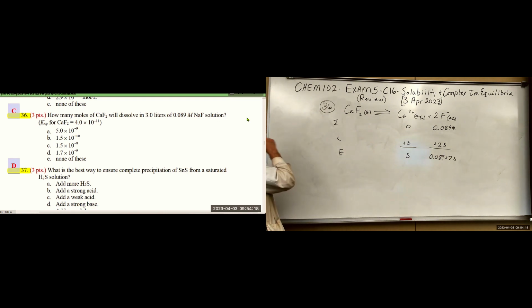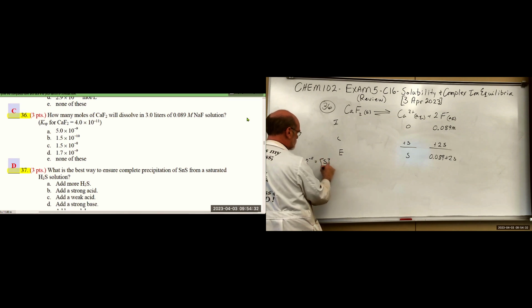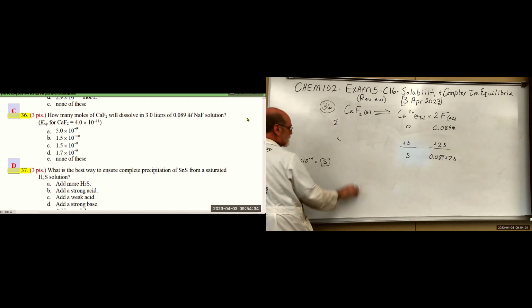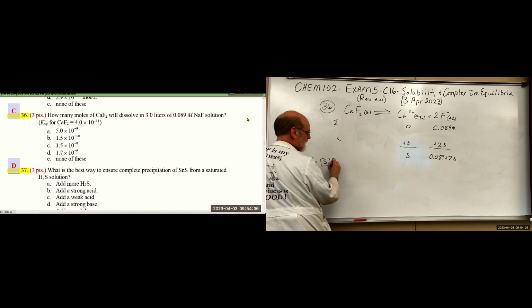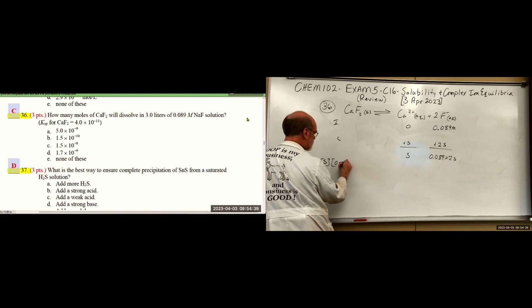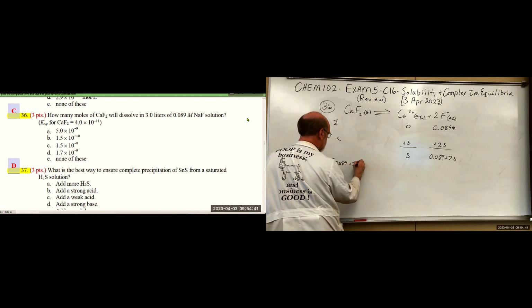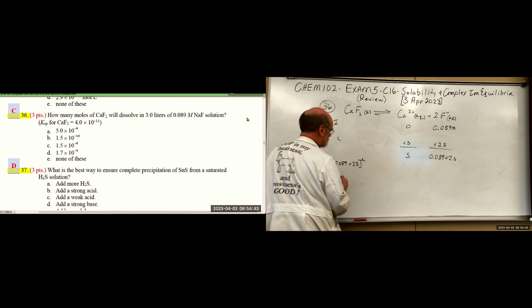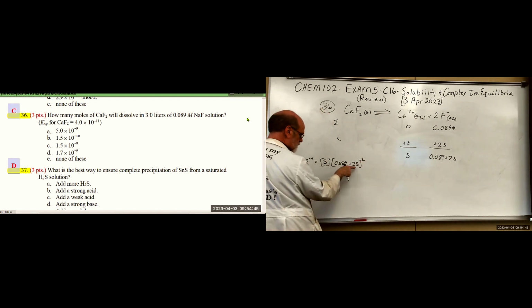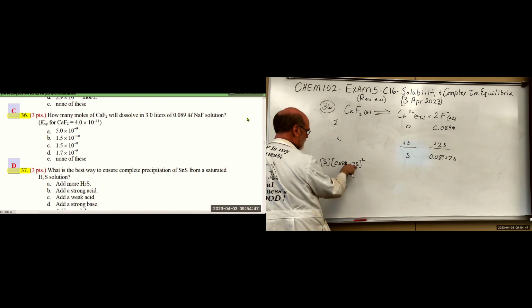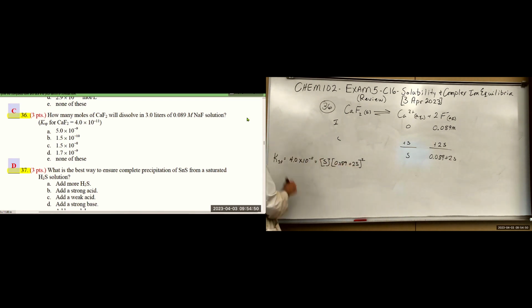So if we have the KSP is equal to 4 times 10 to the minus 11, that's equal to S times 0.089 plus 2S squared. We're going to assume that this 2S is very small. Otherwise, we've got a quadratic.